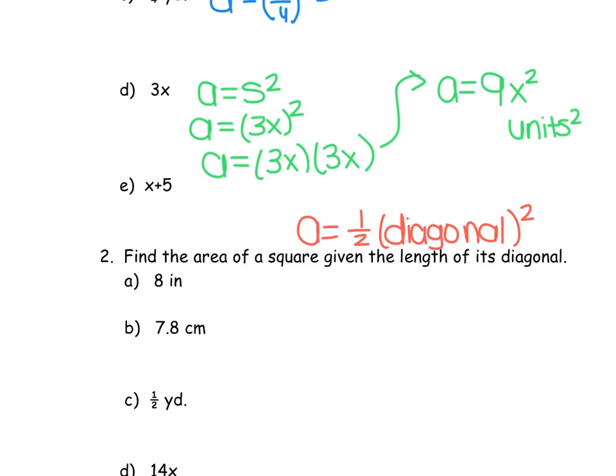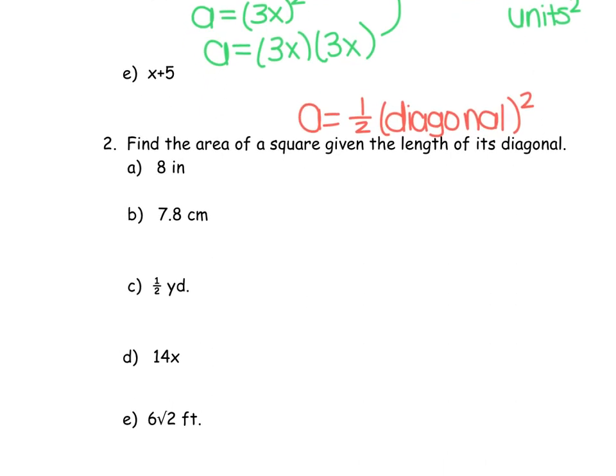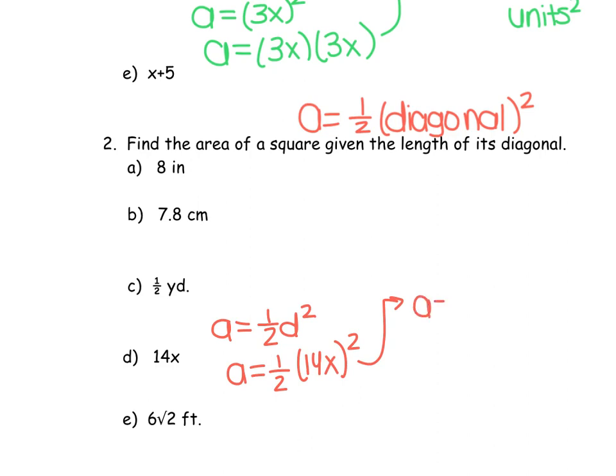If you go down to letter D on this one, we have 14x. So area equals 1/2 of the diagonal squared. I'm going to plug in the diagonal. If we do 14 squared, we get 196x squared.